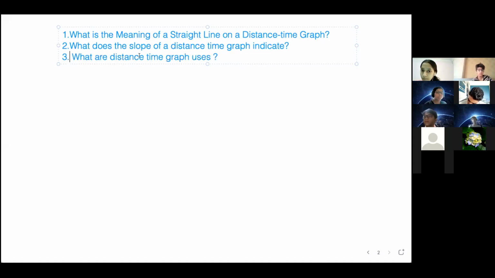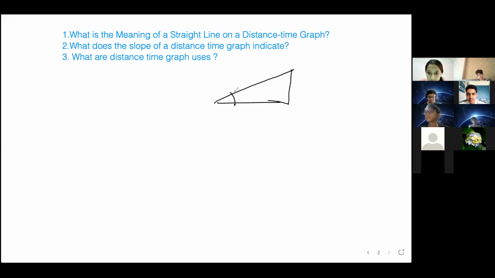No. Slope means the inclination. I told you, slope is that triangle method when we have to find the slope. Slope is perpendicular upon base. So what does this give you? It gives you the speed. Correct. How much inclined, the slope indicates speed. Yes. Slope indicates speed. Now, what are the uses of a distance time graph?